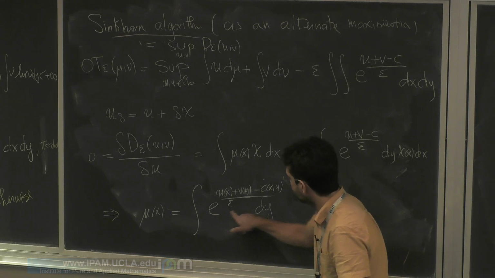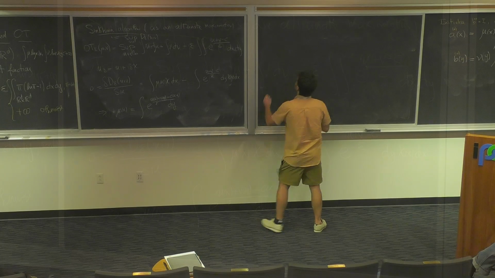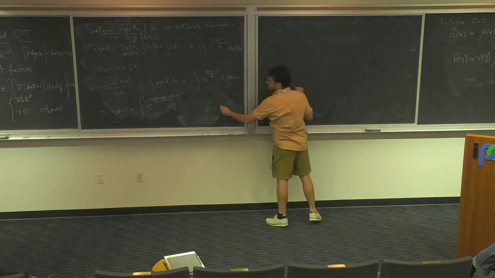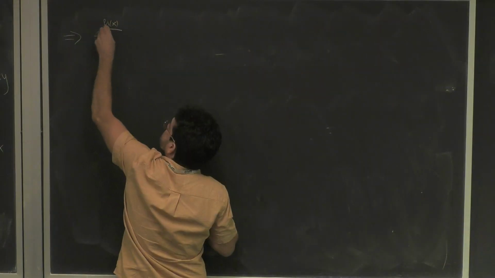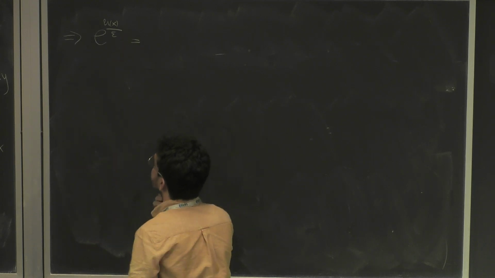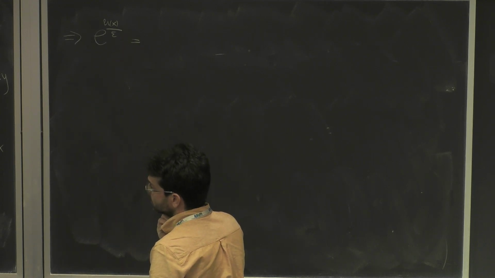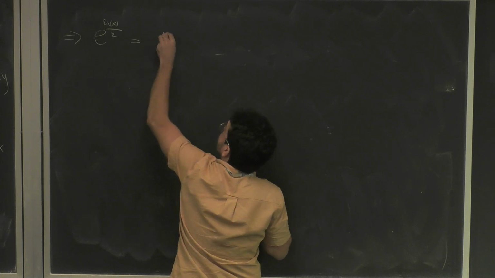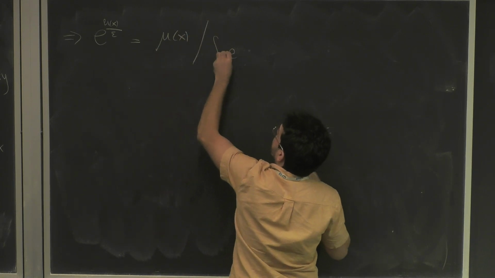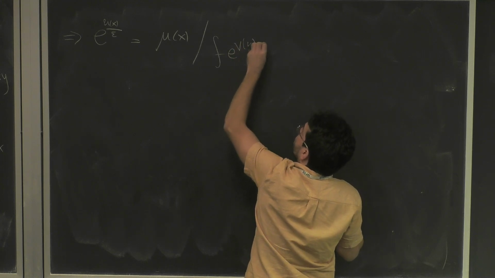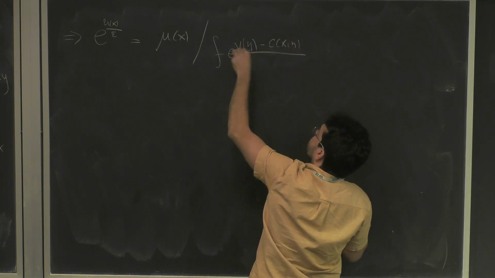So I can take u out because I'm integrating dy. So then what we have is, this implies that exponential of u of x divided by epsilon is equal to mu of x divided by the integral of e to the v minus c of x and y dy.